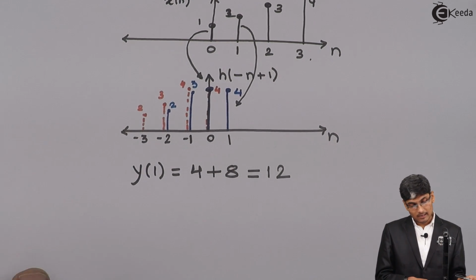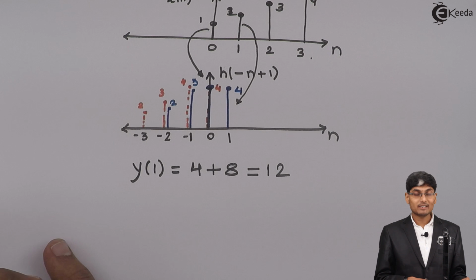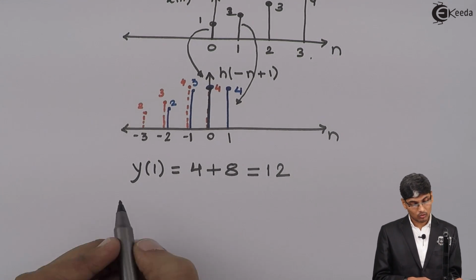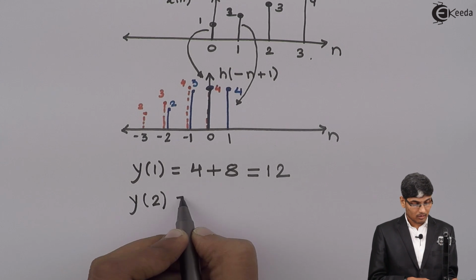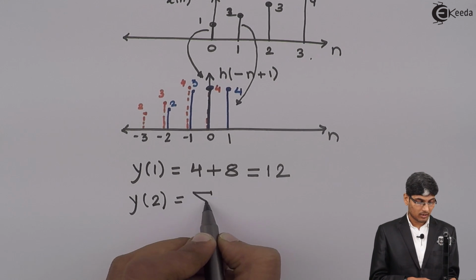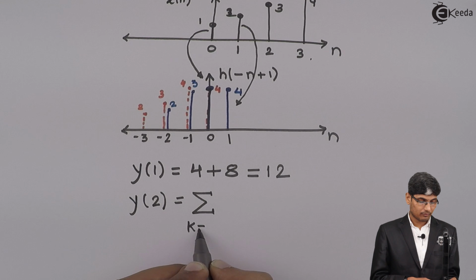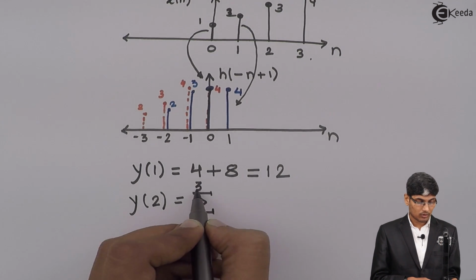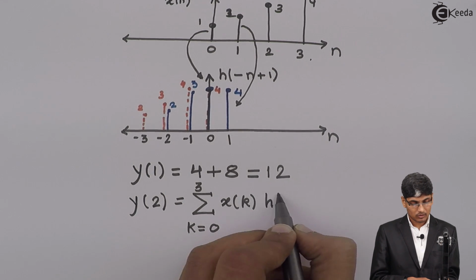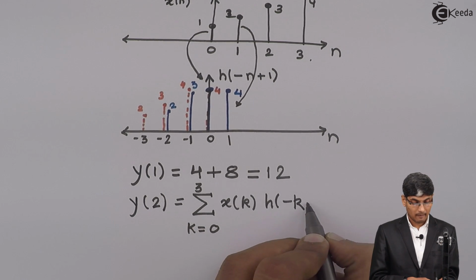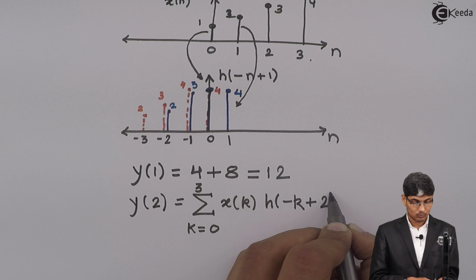Then, similarly, if I shift this signal once more, I will get y of 2. Y of 2 will be equal to summation k going from 0 to 3 x of k h of minus k plus 2.